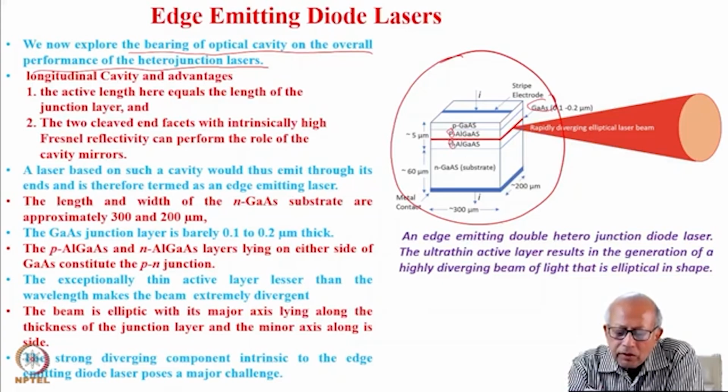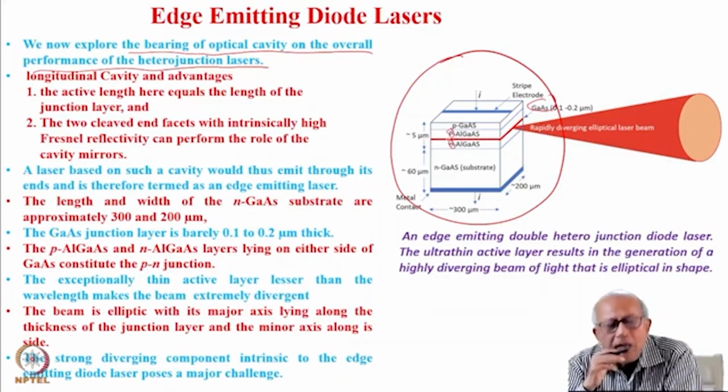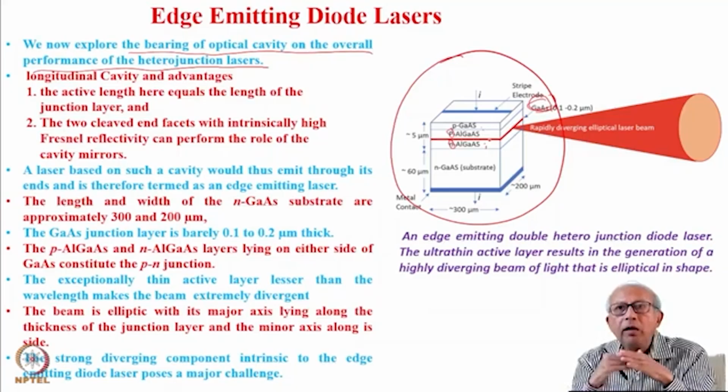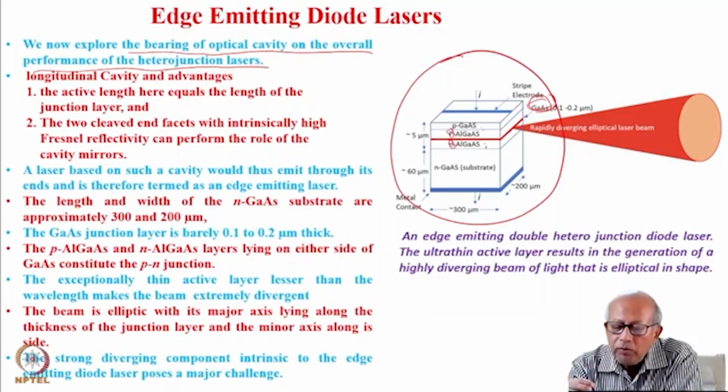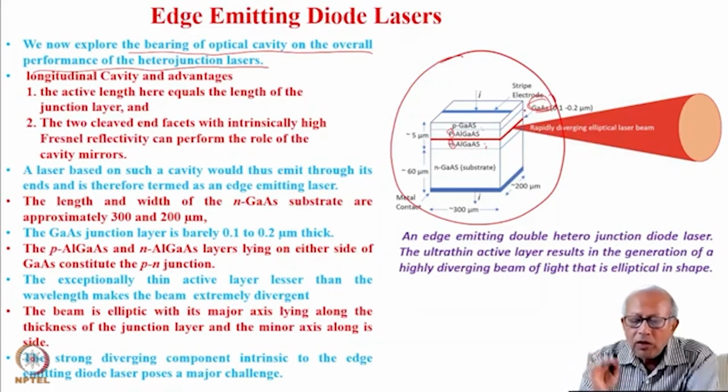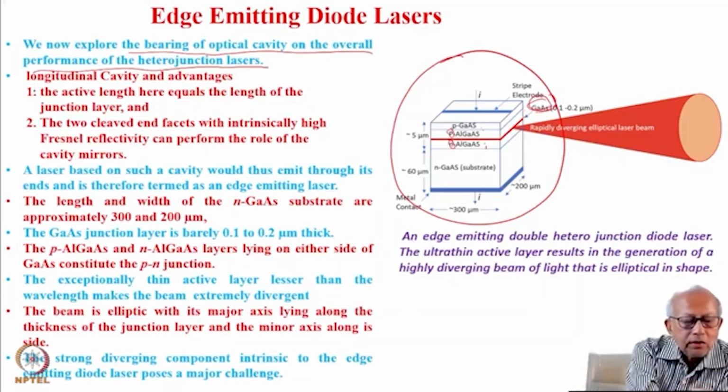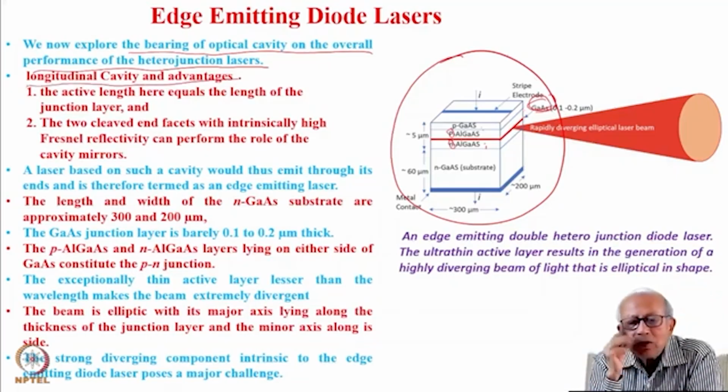The other side is doped to give N-type semiconductor, and between these two is sandwiched an intrinsic gallium arsenide. So this offers a double heterojunction, and therefore there will be very efficient confinement of both charge carriers and light within this junction. So first, let us consider a longitudinal cavity laser and its advantage.